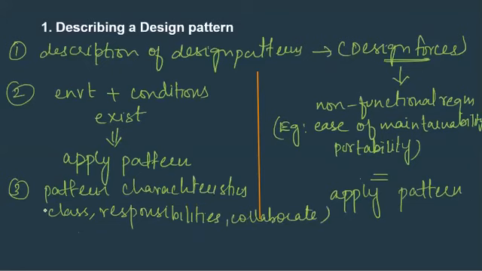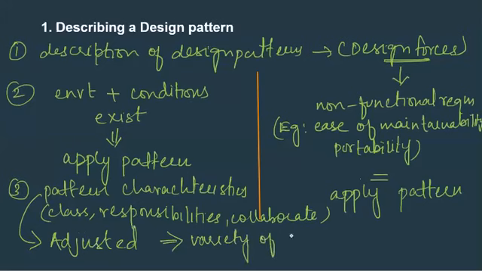As these are the different pattern characteristics, they can be adjusted. That is how many different classes it can accommodate, adding a few responsibilities, removing responsibilities, or identifying how these are going to collaborate. These can be adjusted so that a variety of problems can be solved.